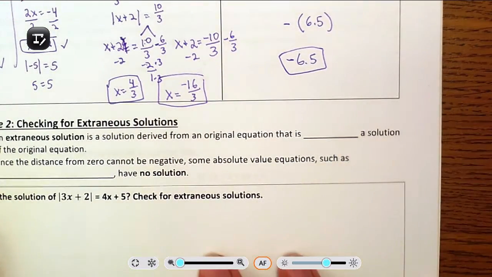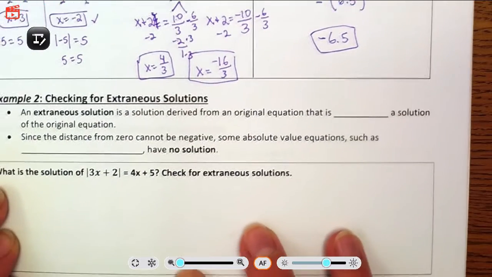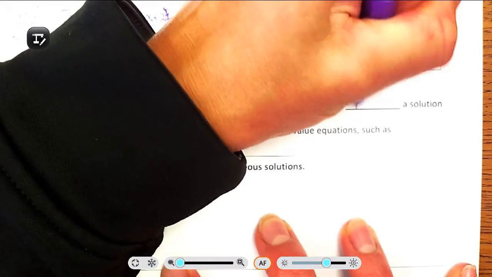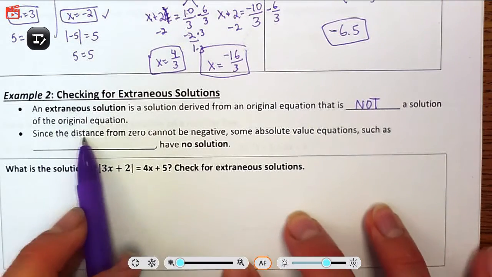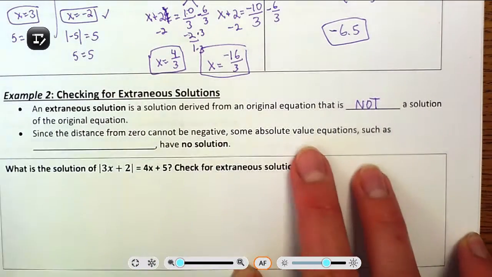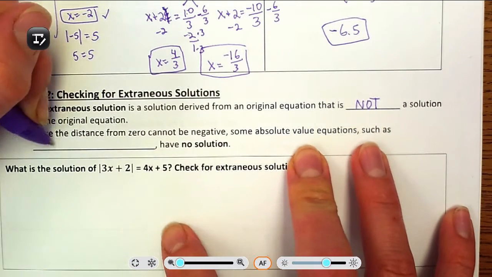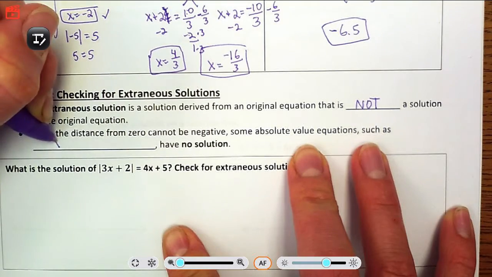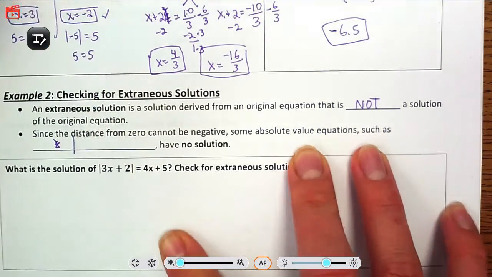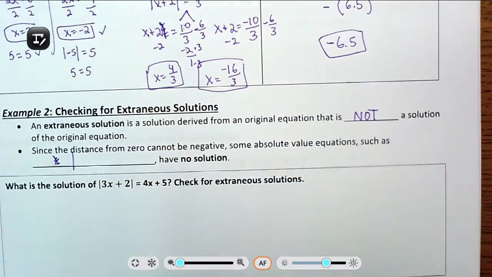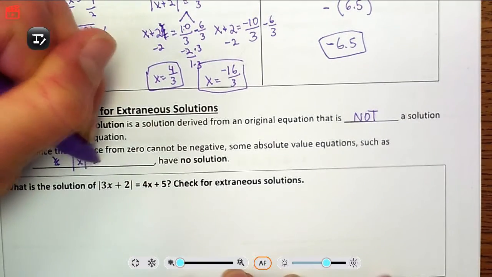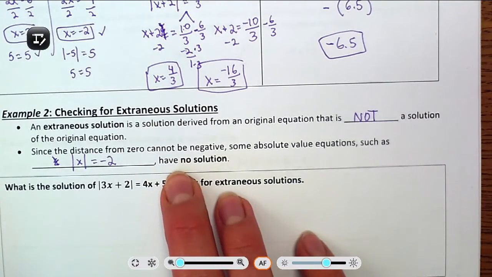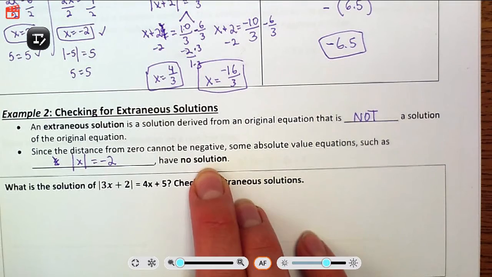An extraneous solution is a solution derived from an original equation that is not a solution to that original equation. Since the distance from 0 cannot be negative, some absolute value equations, such as absolute value of x equals negative 2, have no solution.